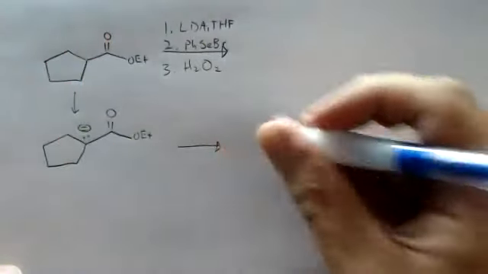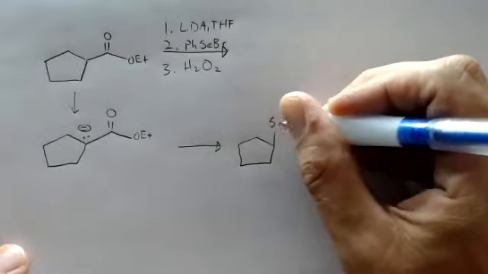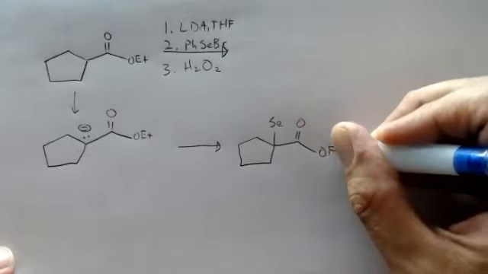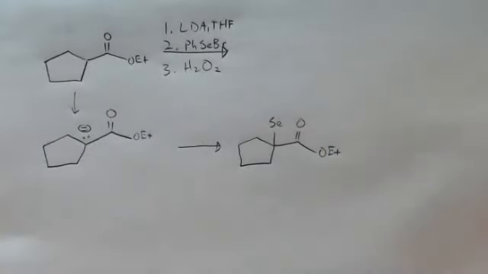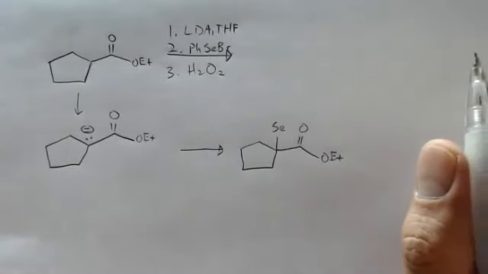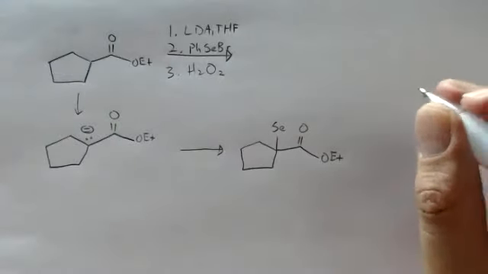Okay. Anyway, selenium bromide, the enolate does an SN2 and attaches to the selenium. Kind of like instead of attaching to the carbon like you did on the first problem. So now you have the selenium attached on the alpha position. And then if it undergoes an oxidation, then the selenium oxide with hydrogen peroxide will undergo an elimination that usually gives you the anti-Zaitsev product, also a Hofmann elimination.